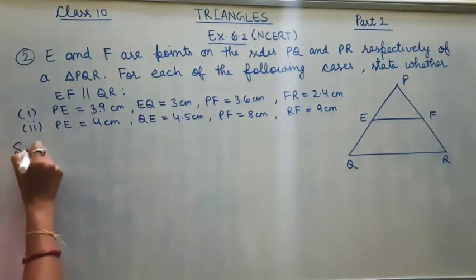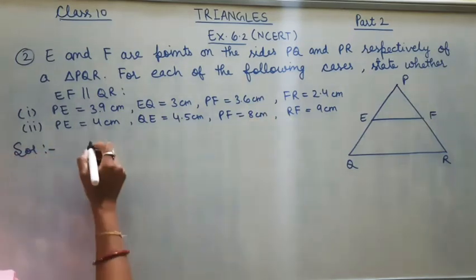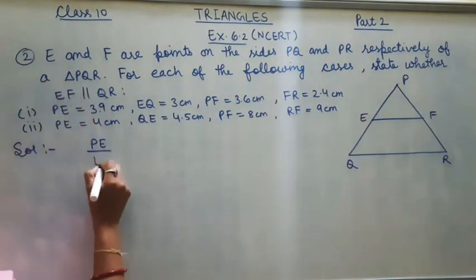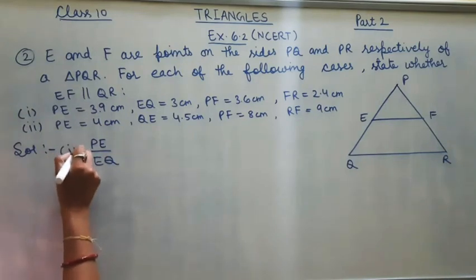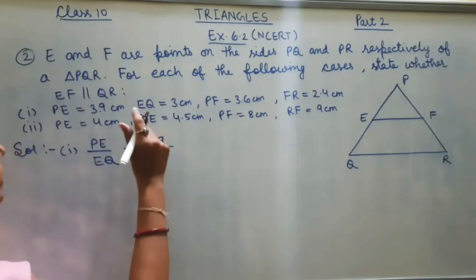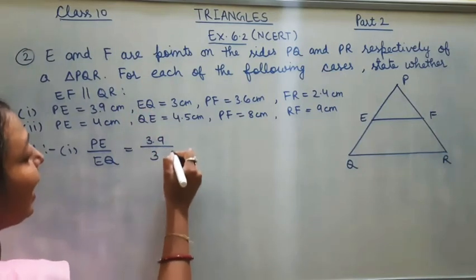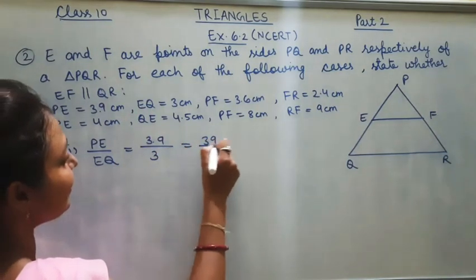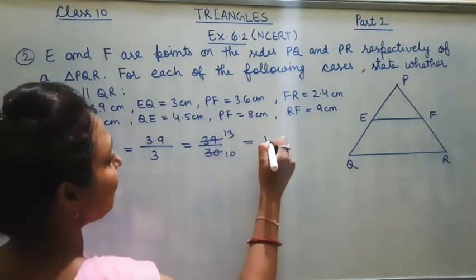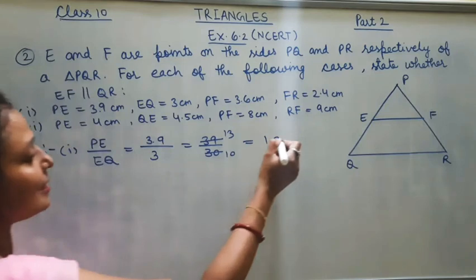So I will start with the first question. We need to find PE upon EQ in the first part. PE is 3.9 and EQ is 3. I will cancel by taking 39 by 30, cancel by 3. That is 1.3. Okay, this is in centimeter.